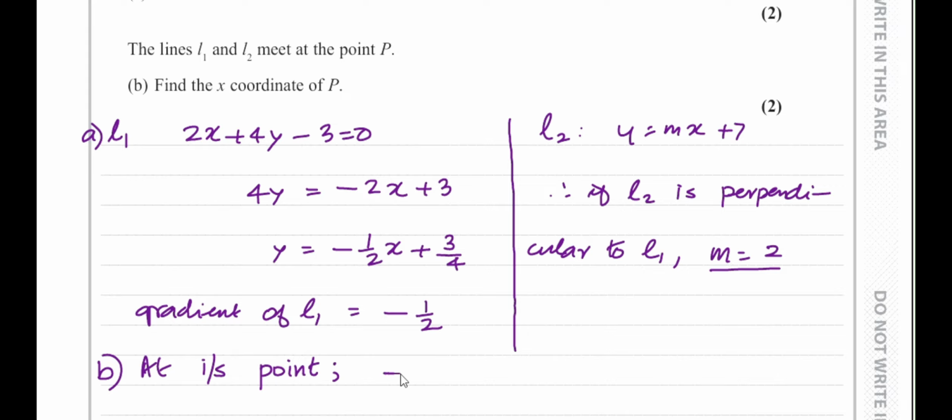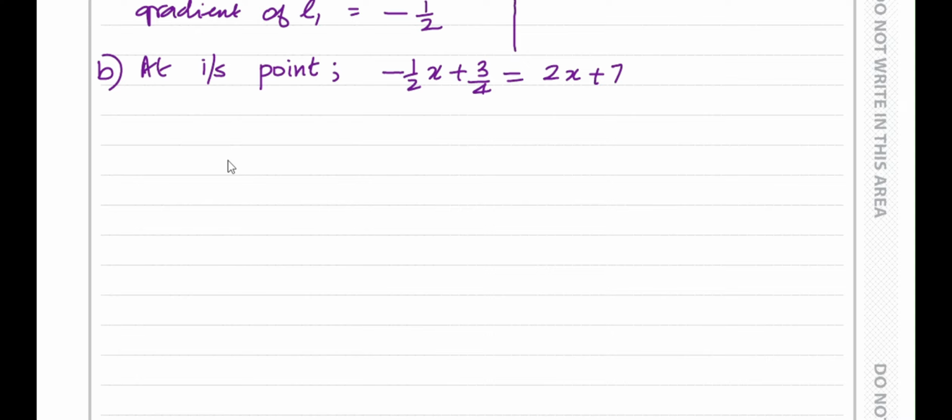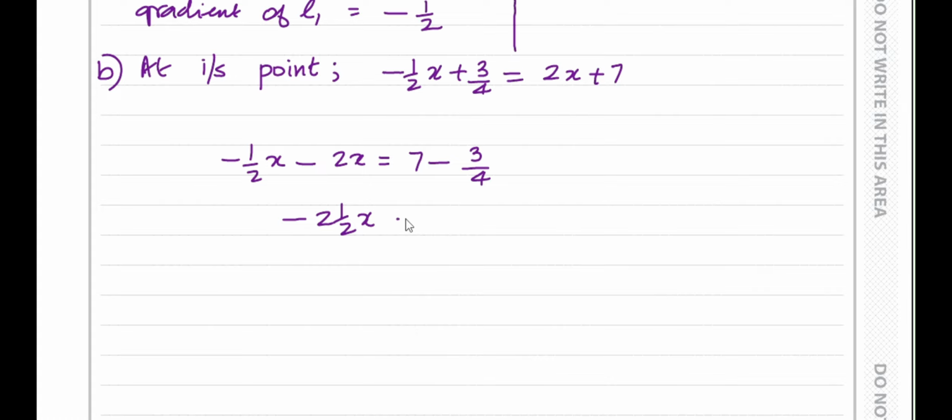Therefore, we can write minus half of x plus 3/4 equals 2x plus 7. Therefore, minus half x minus 2x equals 7 take away 3/4, which means minus 2.5x equals 28 minus 3 over 4.